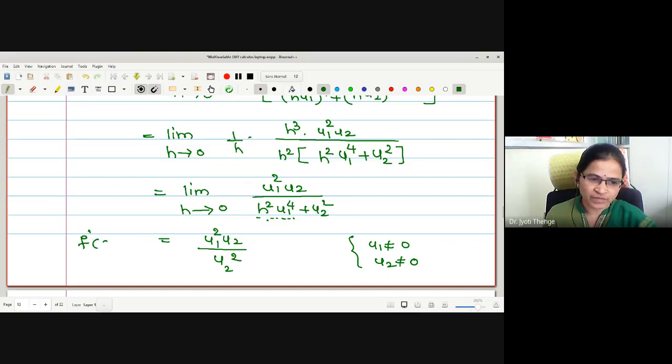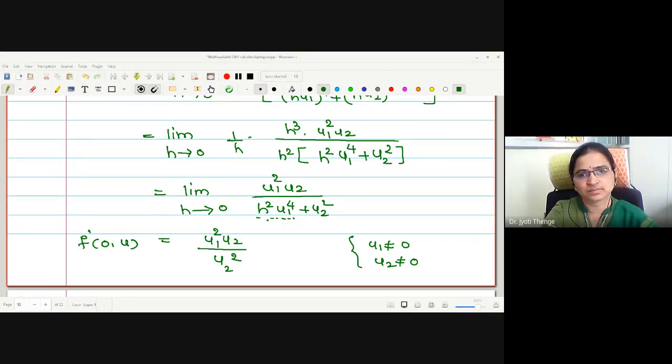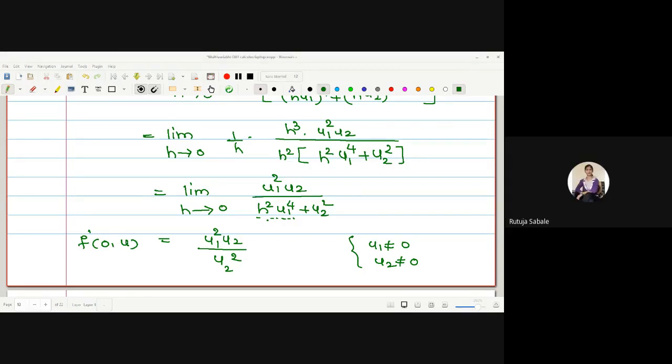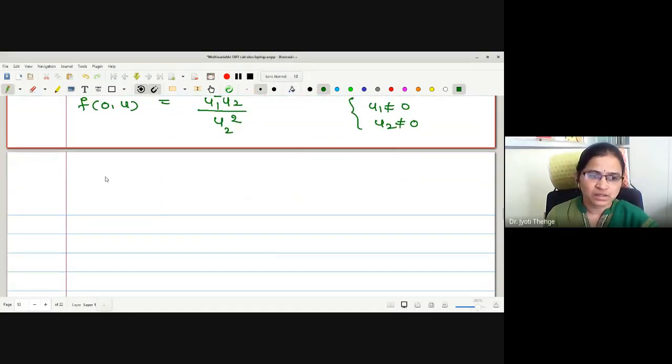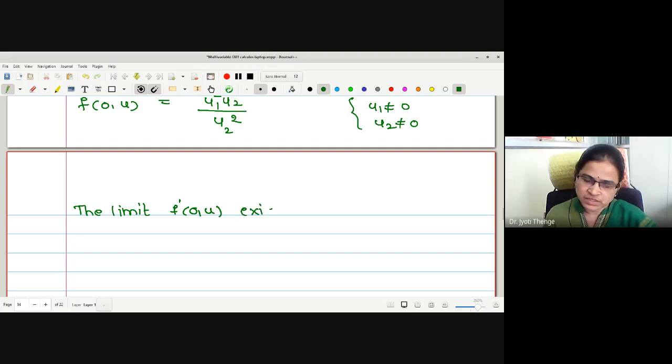Therefore, whether the limit exists or not in this case? Yes, the limit exists. What does it mean? The limit f dash of 0 comma u exists.